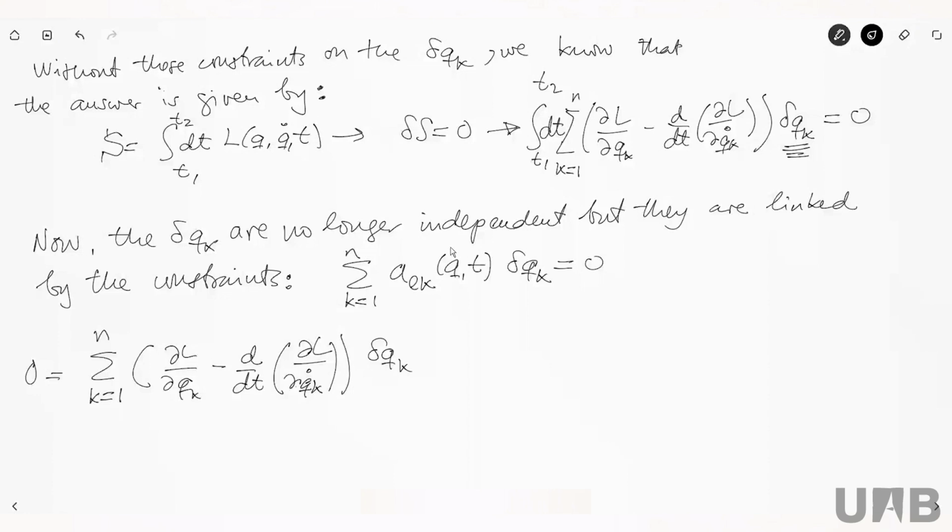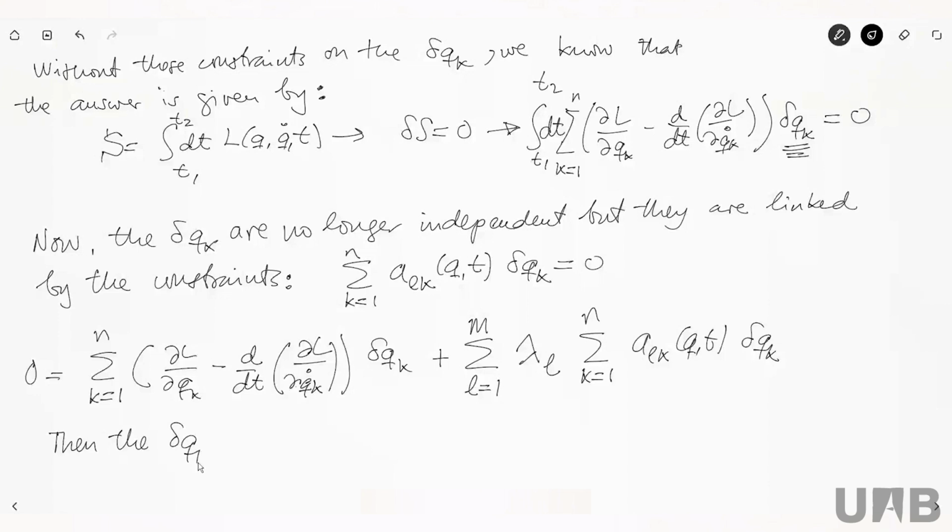The Lagrange multipliers method tells me that if I add to this equation lambda times each and every one of the constraints, with one lambda for each constraint, so that means I add here a sum over l from 1 to m because I had m constraints, lambda_l times the sum from k equals 1 up to n of a_lk(q,t) delta q_k, then the delta q_k's become independent.